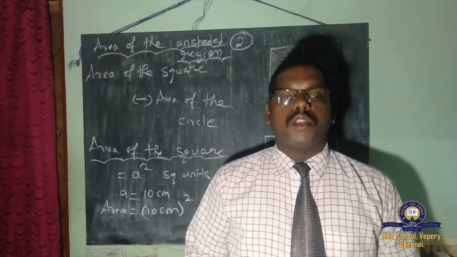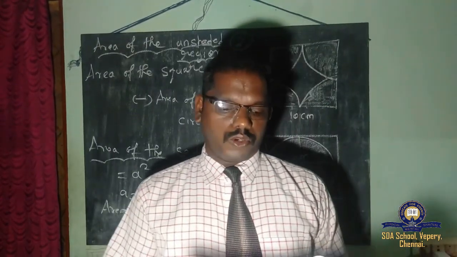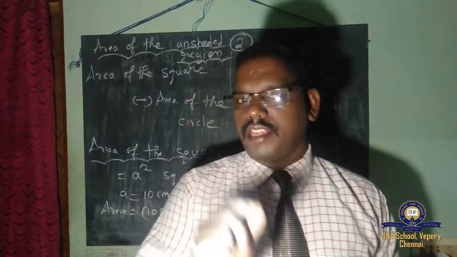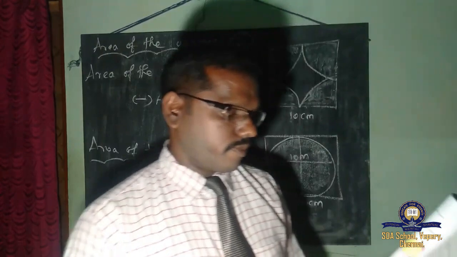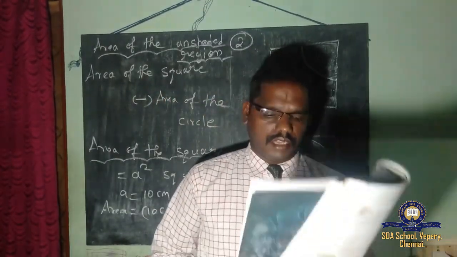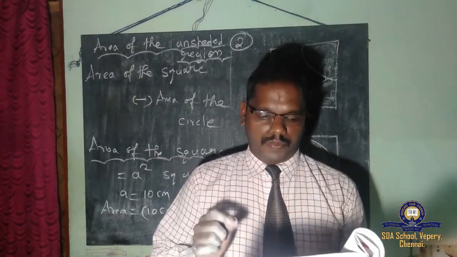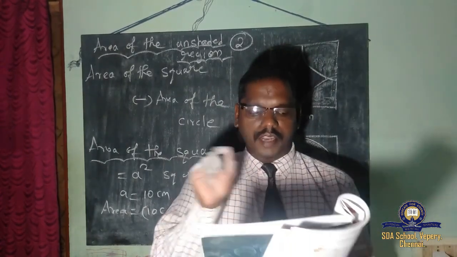Students, we will go to see the next problem from exercise number 2.2, second Roman letter, first problem. There is one small mistake on page number 55, exercise number 2.2, second problem.